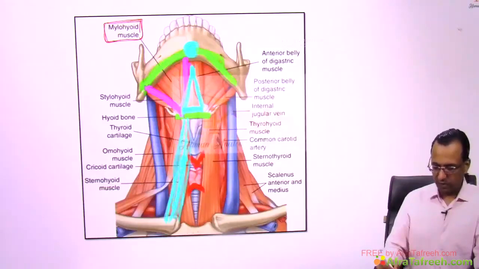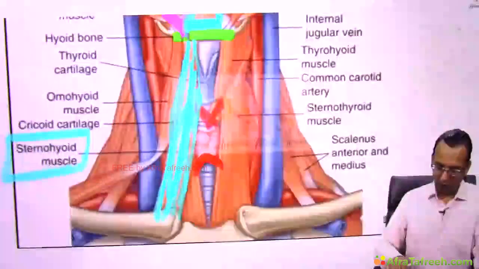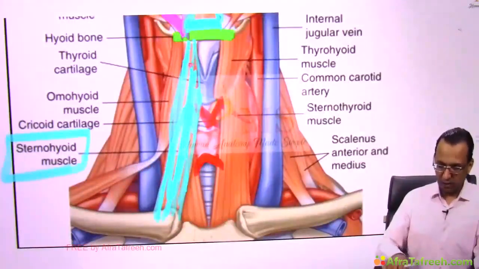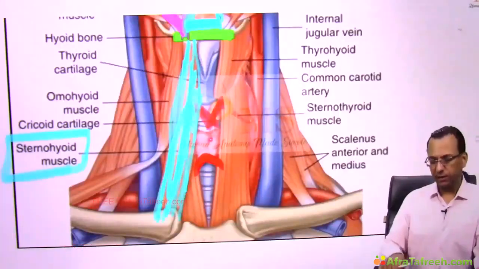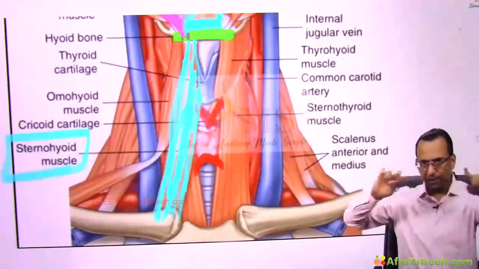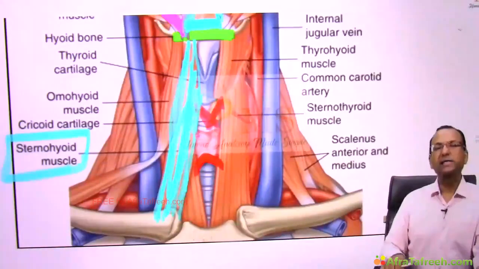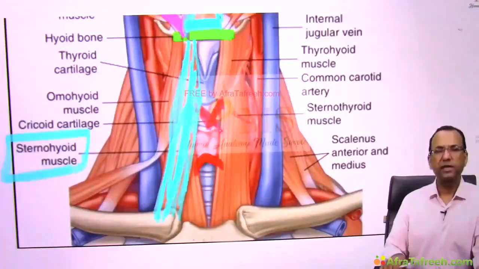This is the sternum bone here, and there is the hyoid bone. The sternohyoid muscle covers the thyroid gland. I cannot see the thyroid gland until I separate them.